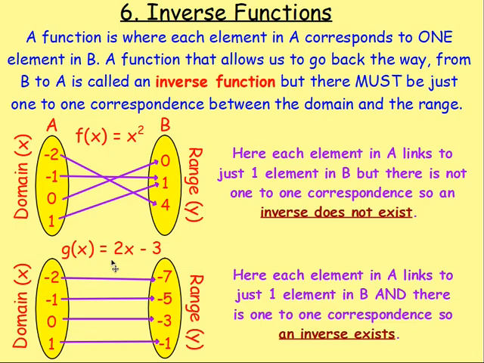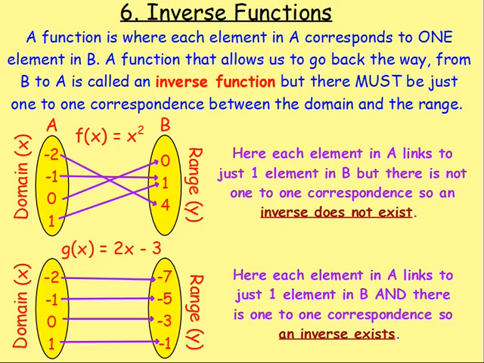However, with this one here, with g of x equals 2x take away 3, you can see that every element in A links to just one in B. But you've also got it going back the way as well. Every element in B just links to one in A. So negative 7 just links to negative 2, negative 5 just to negative 1, and so on. Because there is one-to-one correspondence, it means an inverse exists.